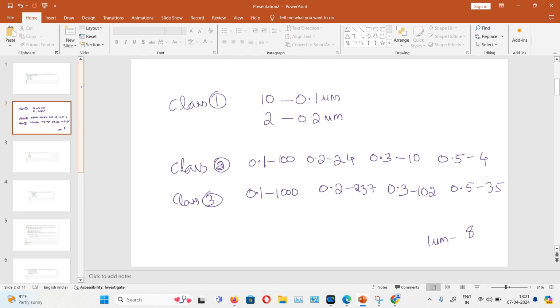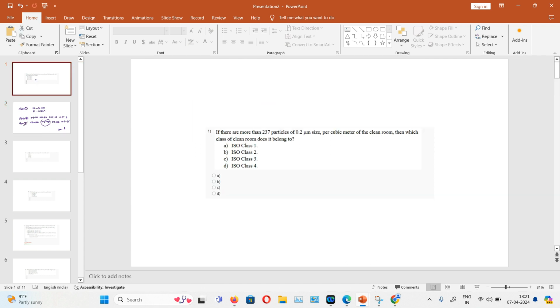So you can see that a clean room having 237 particles of 0.2 micrometer is class 3. So the answer is class 3. ISO class 3 can contain at most this many. This is the limit of class 3.